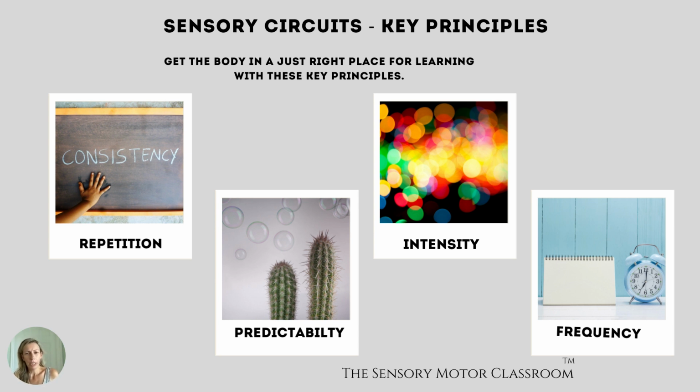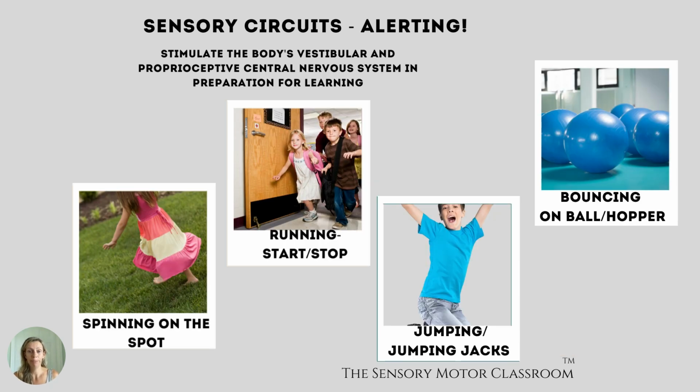So we need to look at what options we're given in terms of our sensory motor options. And again, coming back to frequency, we talked about daily before, but repetition and frequency go hand in hand. Keep it consistent, keep it predictable, keep the intensity good at a high level and keep the frequency regular. We'll come back to that.